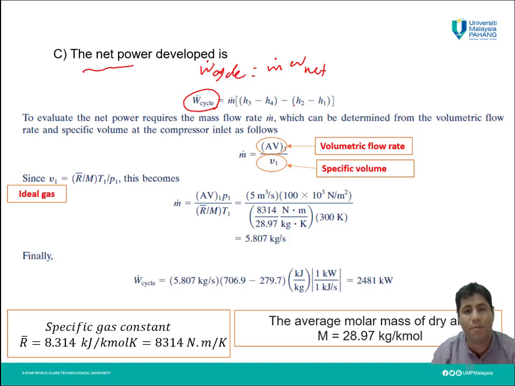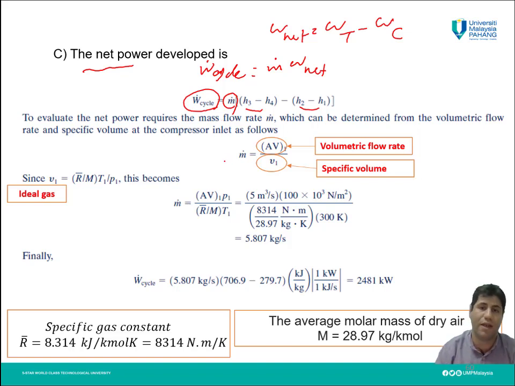The W net, as I showed in the previous slide, is W turbine minus W compressor, so H3 minus H4 and H2 minus H1. We have the enthalpies. We only need to know m dot, or the mass flow rate, in this cycle.